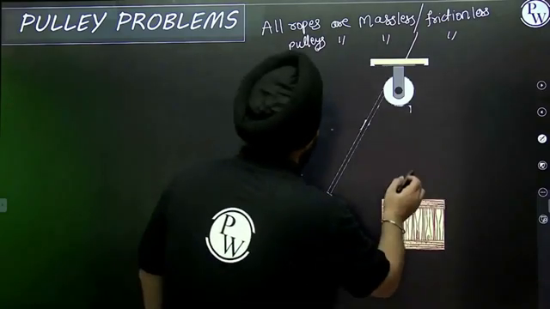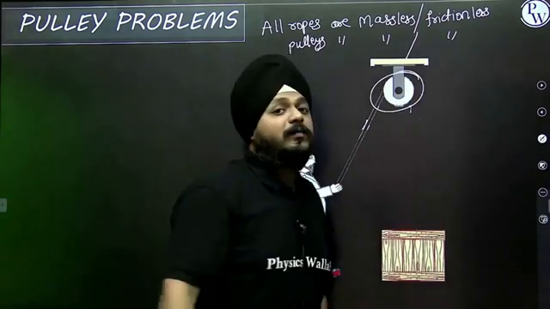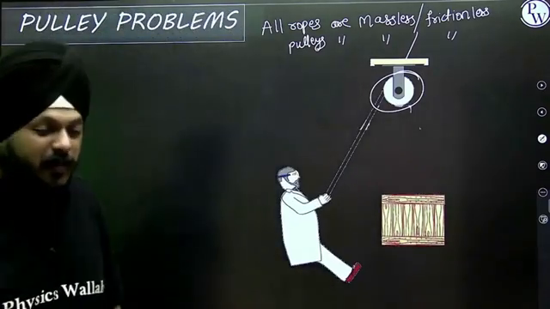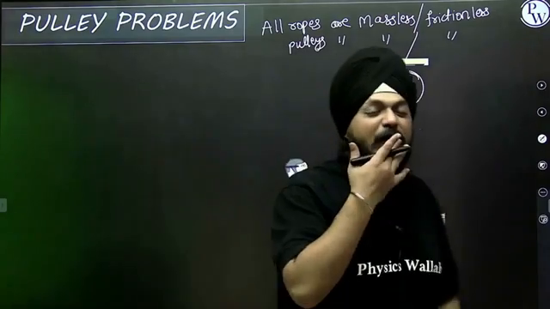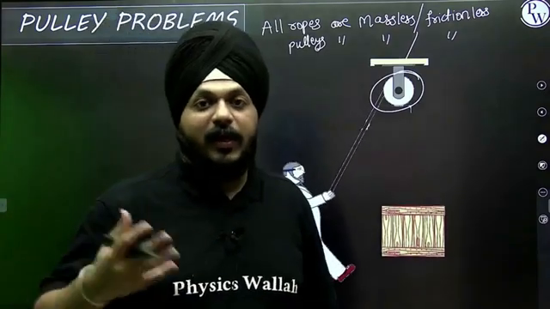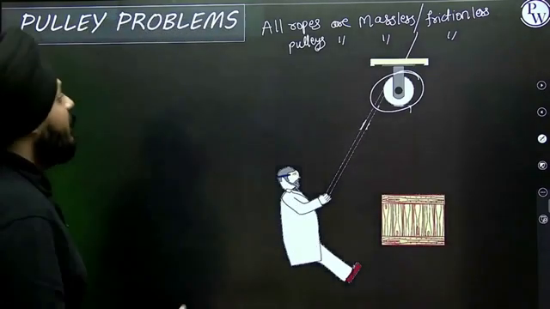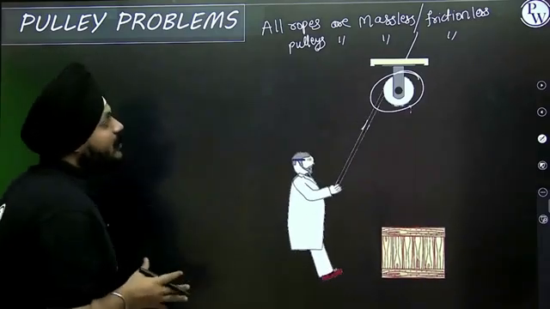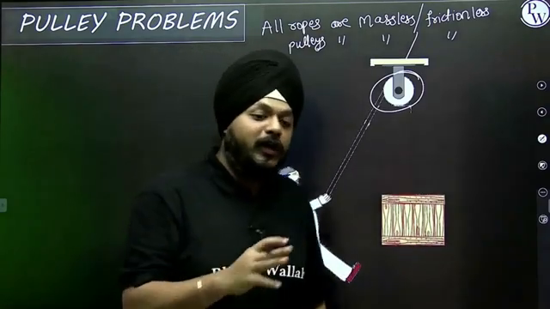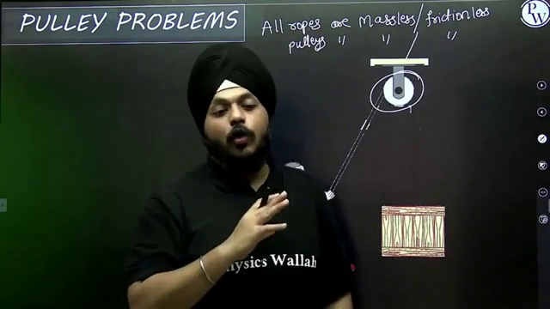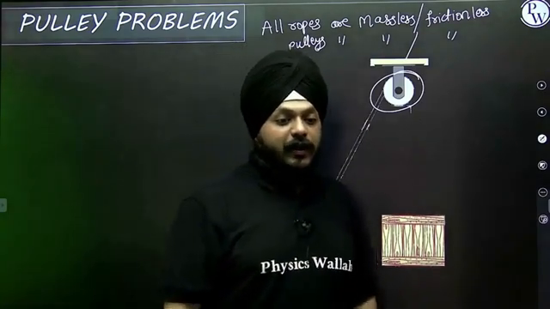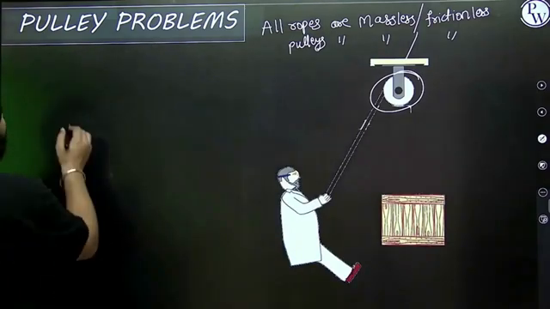Sometimes it is also known as Atwood machine. There are lots of technical words, but we are not interested in that. We are only interested in what the concept actually says. So in all of these cases, the pulleys and ropes are massless and frictionless.